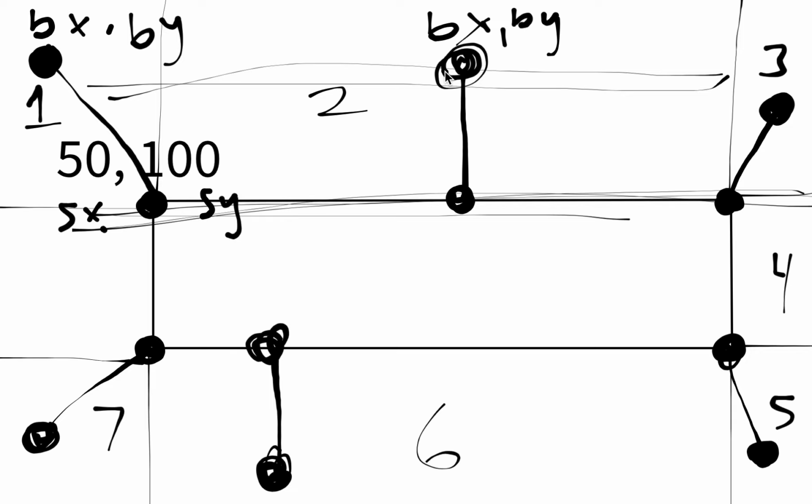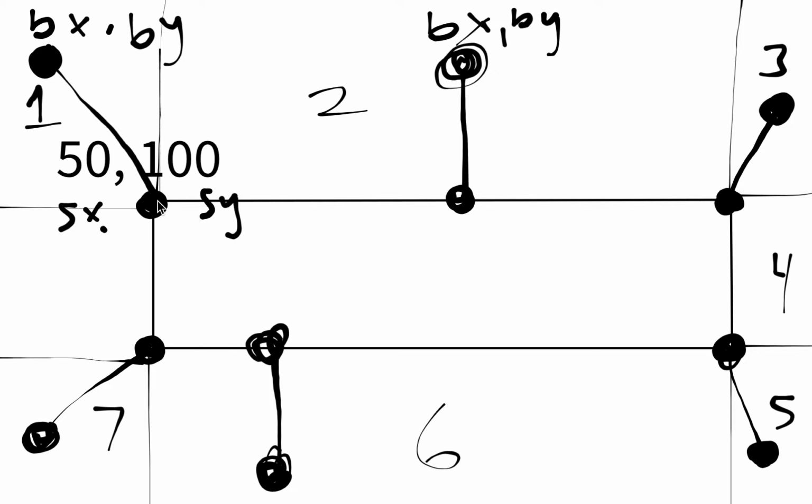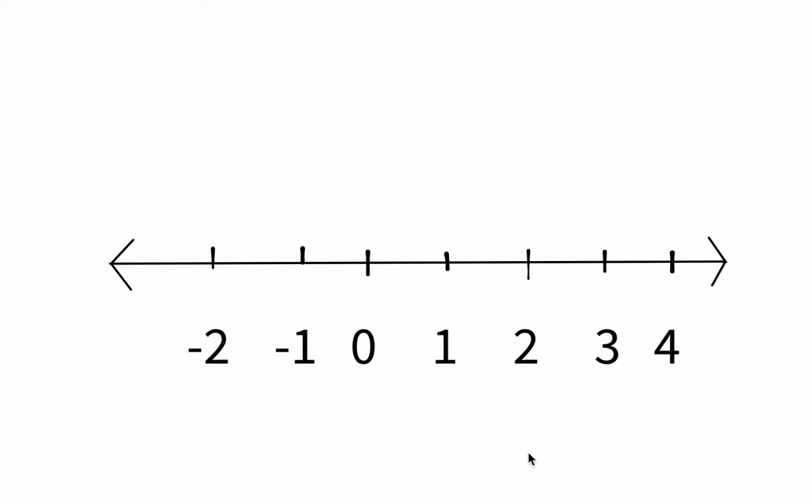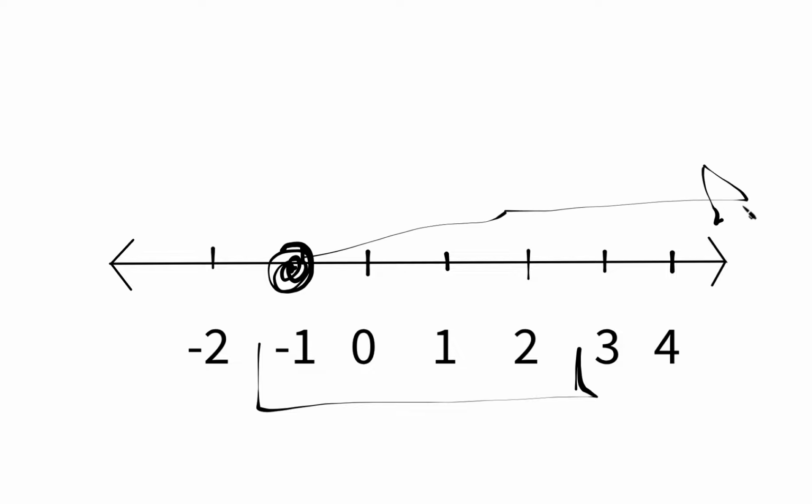How do you check if the BOM's X is between the left side of the sub and the right side of the sub? So this is going to take us back to elementary school. We have this number line here. How do we create a set of inequalities that are going to be true if the numbers are between -1 and +2? Well, it goes like this. We have a filled in circle here with an arrow going that way, and then we have a filled in circle here with an arrow going that way.